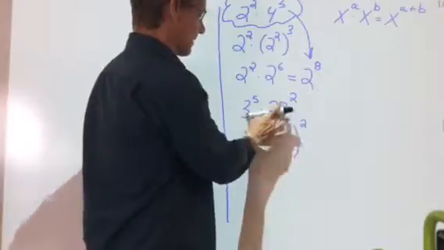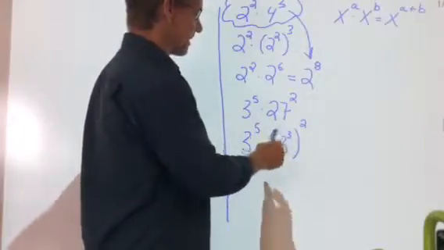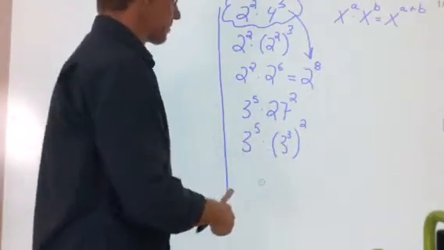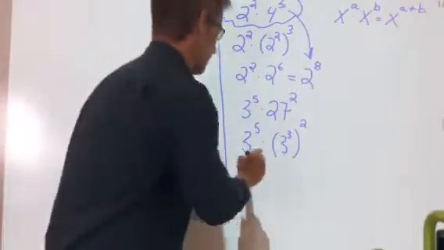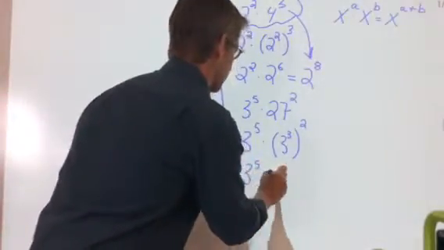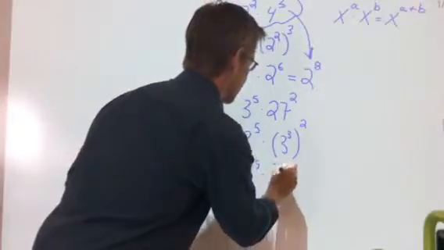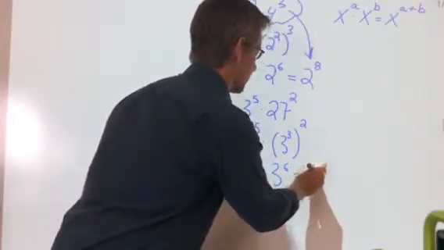This is still equivalent to this, but now 27 has been replaced by 3 cubed because 27 and 3 cubed are the same value. We can rewrite the expression as 3 to the 5th times 3 to the 6th, and then we can add the exponents together.